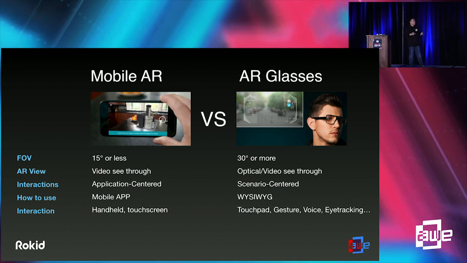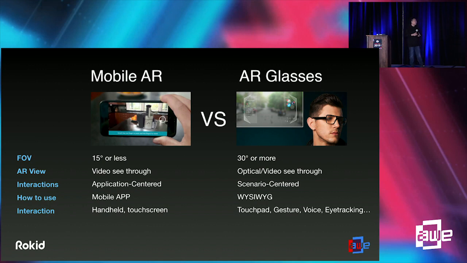But AR glasses enjoy more than 30-degree FOV, and most of them use optical see-through display. Different from mobile AR, where you have to take the smartphone from your pocket, swipe to the app you want to open, and click it, AR glasses apps are scenario centered.